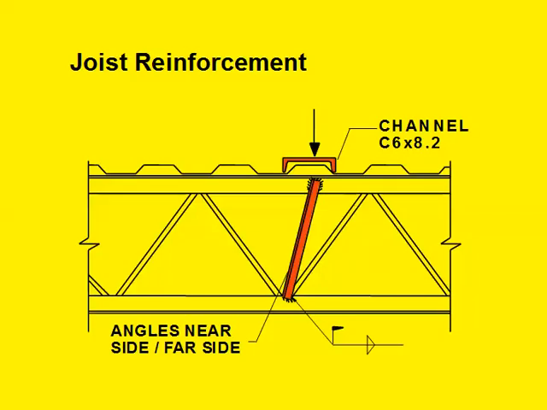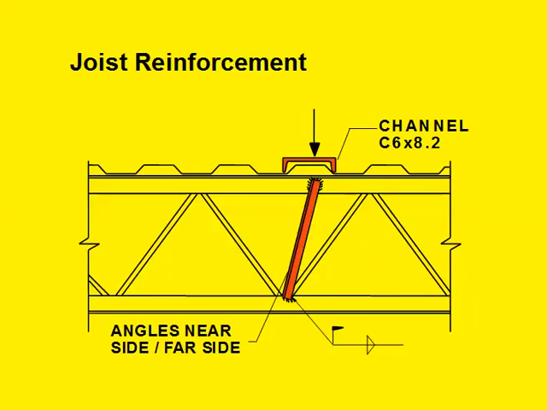So if you have a load that comes in between, the first thing I think about doing, certainly depending on where it is between joists, is I might add an upside-down channel so I don't screw up the deck ribs to transfer the load over to the joist. And then you always have to add some sort of angle to take the concentrated load down to a panel point.